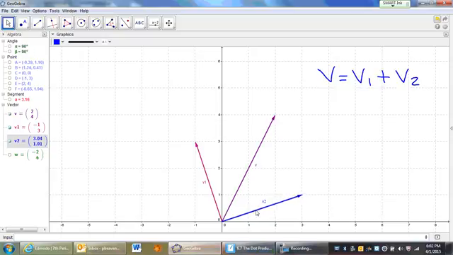Oh no, I messed up. That vector was supposed to be at 3, 1. That was a really bad idea. Okay, there it is, at 3, 1.